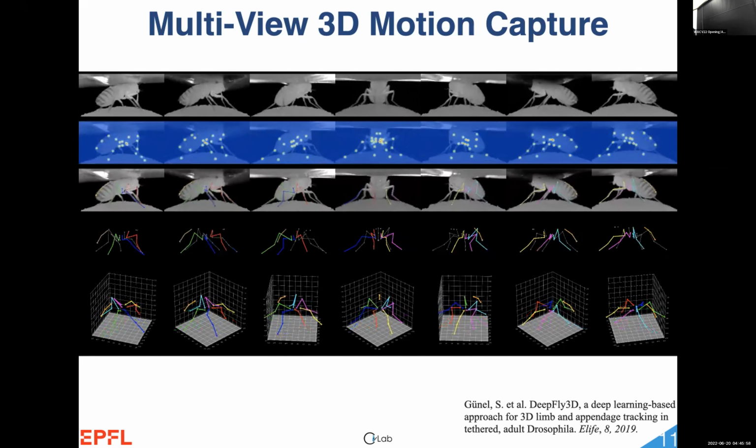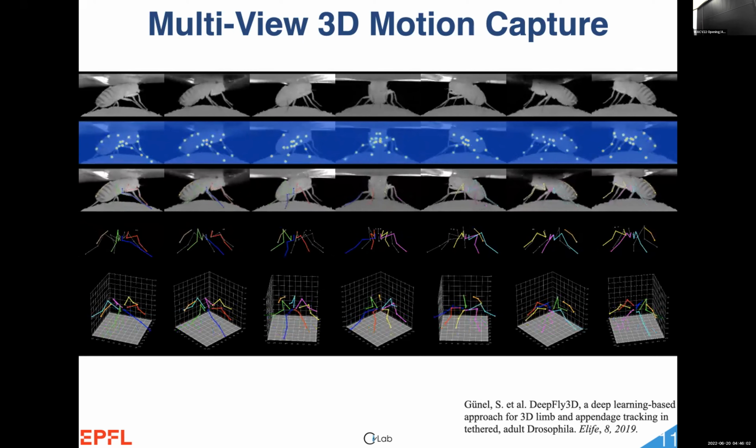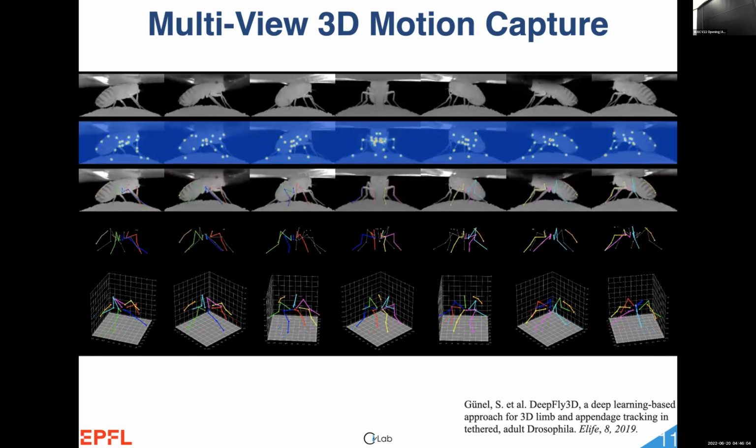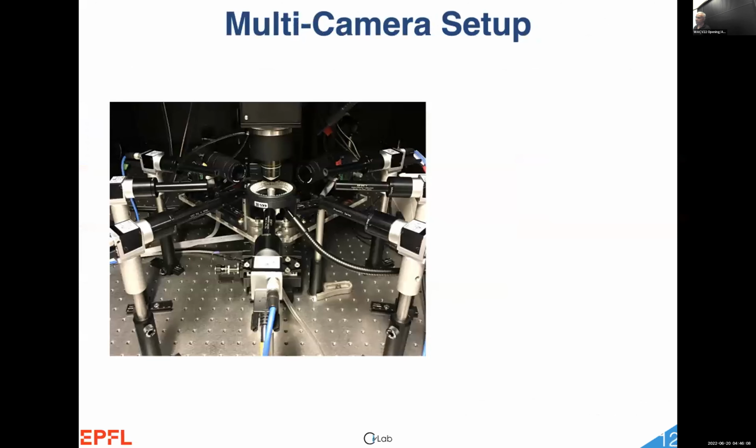And from this, you can find interest points, you can compute the 3D pose, and you can get the 3D pose information. So here's what the setup actually looks like. It's pretty involved, but it works.